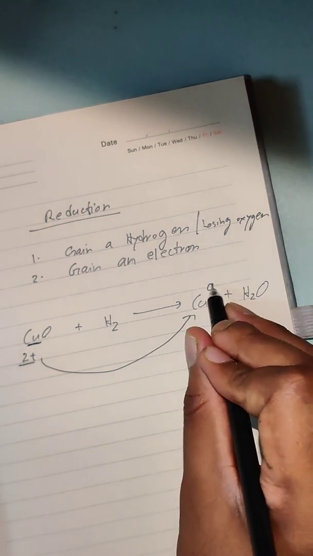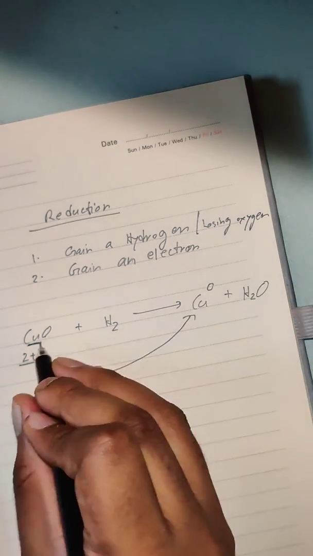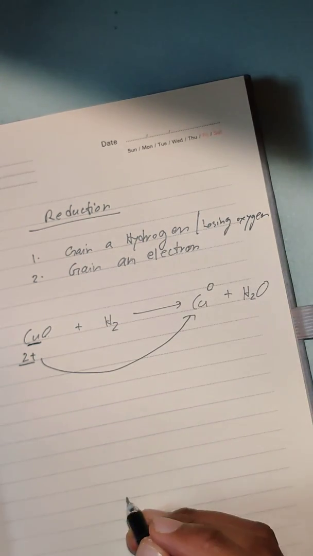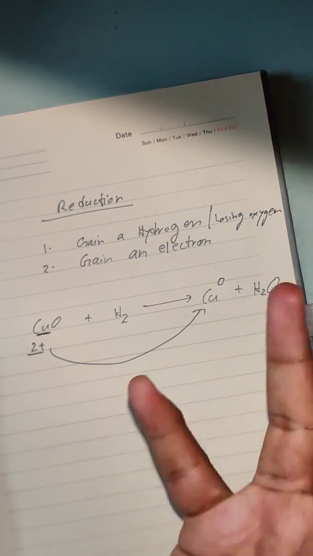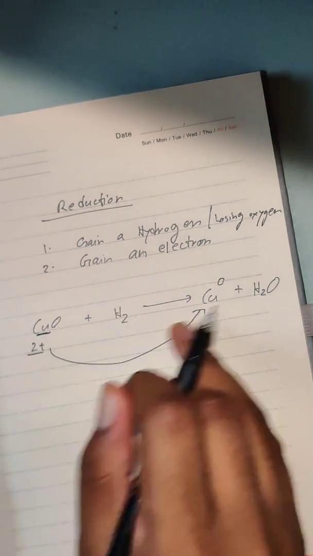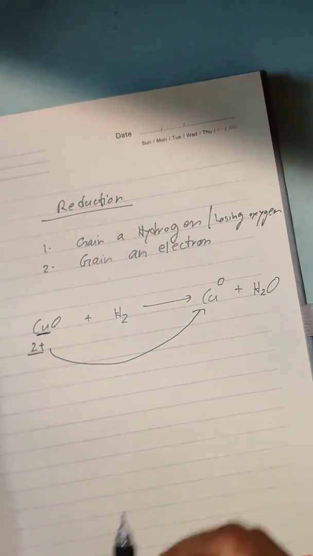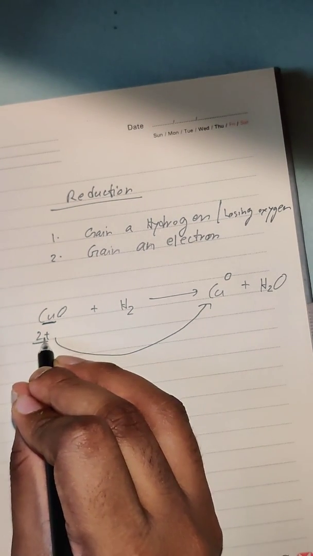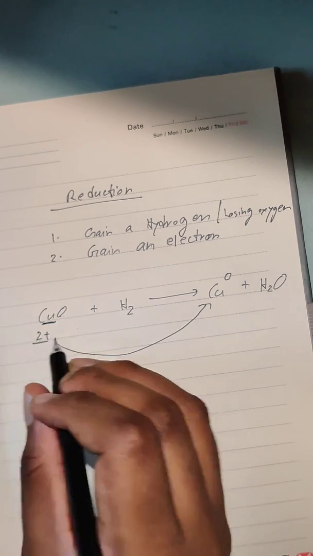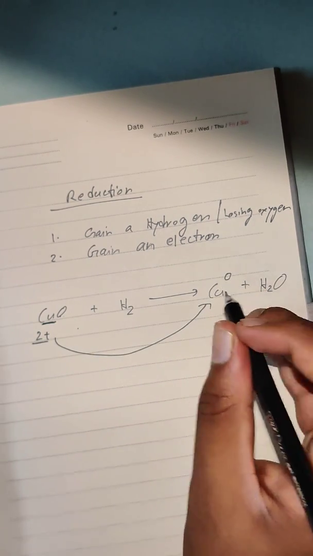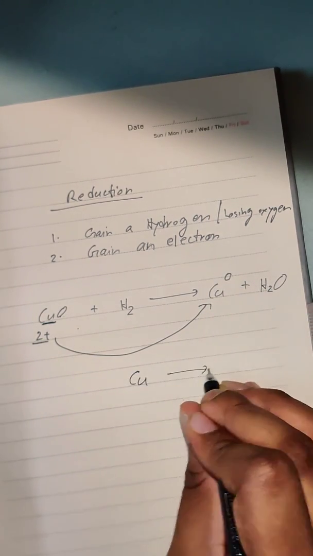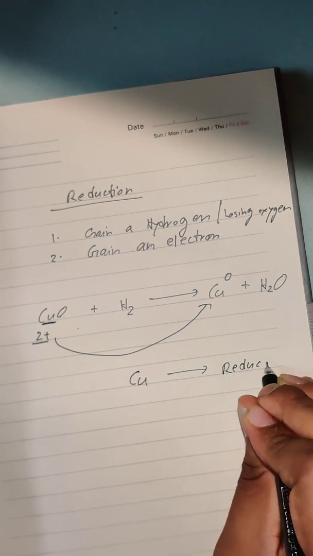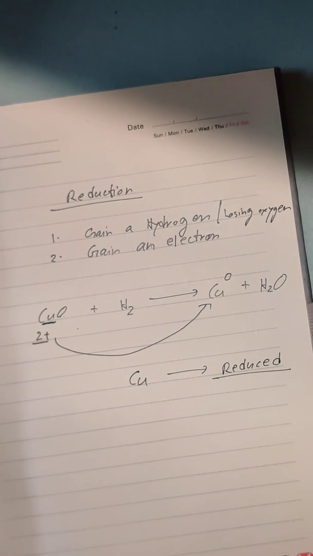It has decreased from 2+ to 0, right? And it also loses an oxygen. So this copper has gained electrons: it was 2+, so it gained 2 electrons and then formed 0. And that means this copper has been reduced. Alright? So I hope that's clear.